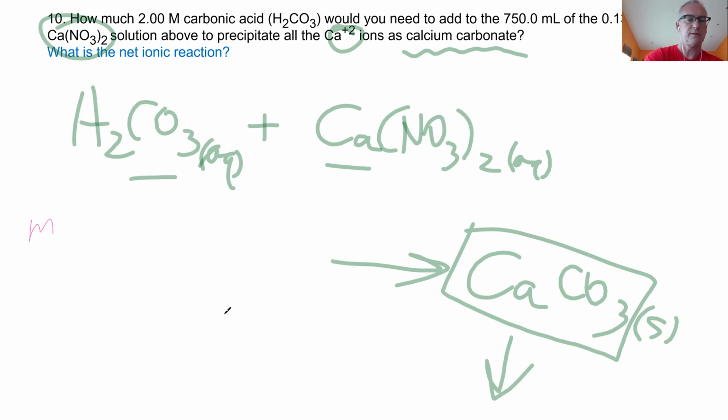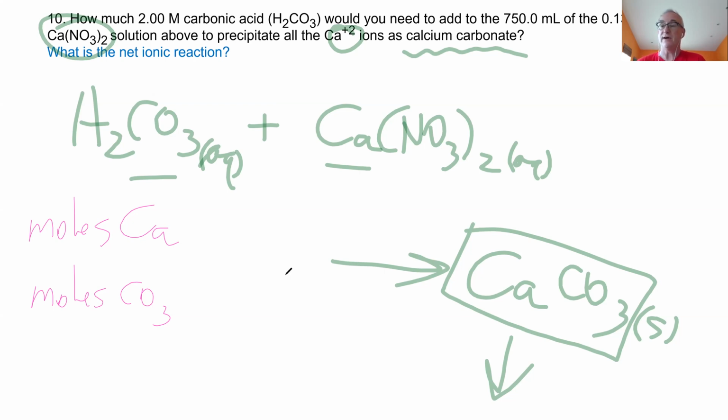So I need moles of calcium, and then I'm going to balance that with moles of carbonate. What information is there that's going to tell me that? We know it's a 1-to-1 ratio. So if I figure out the number of moles of calcium, then I could figure out the number of moles of carbonate I need. How am I going to figure out moles of calcium though?